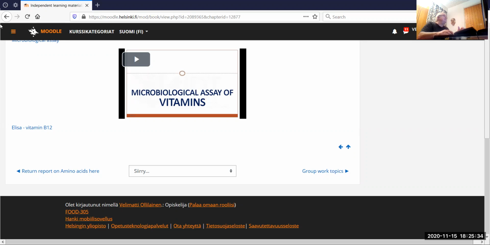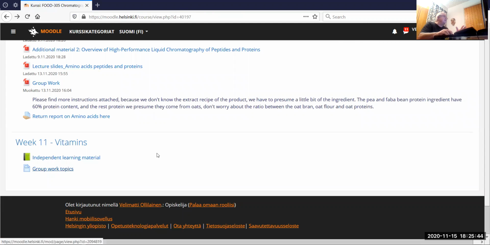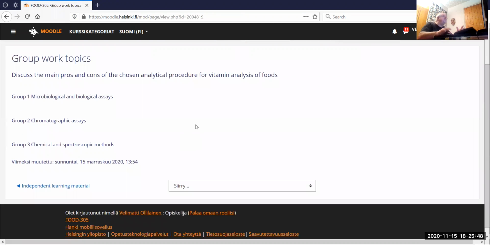So what I'm asking you to do in your group work, I will divide you into 3 groups, and each group will deal with one of these topics. The group 1, microbiological and biological assays, how the vitamins can be analyzed.